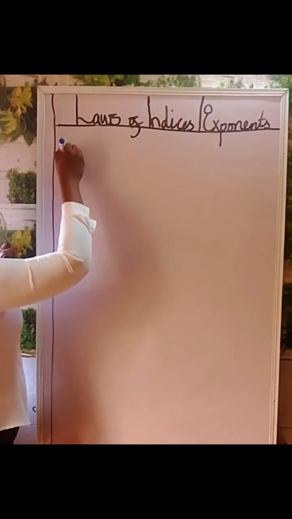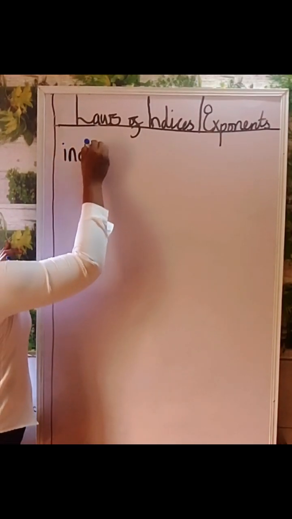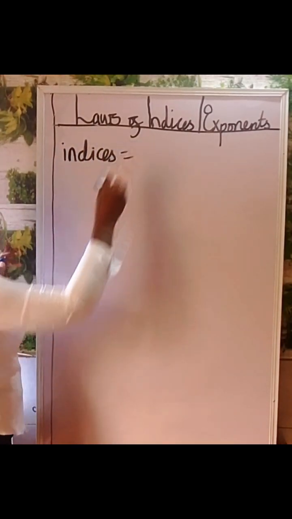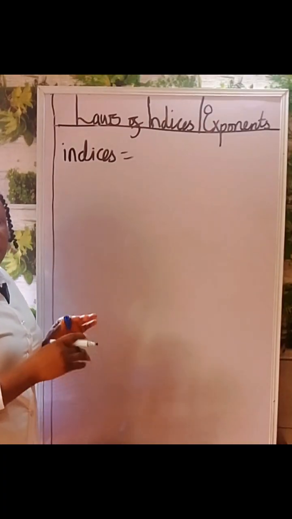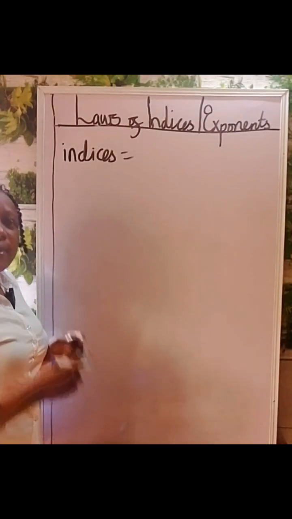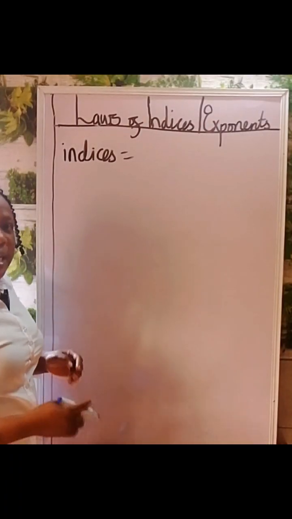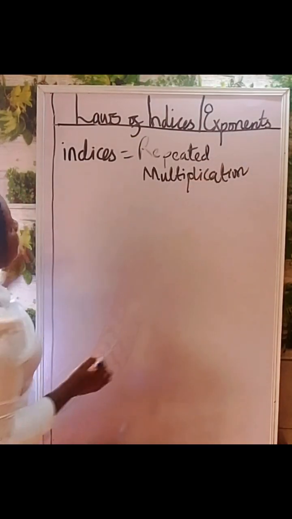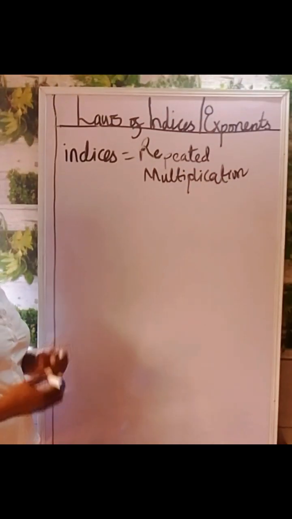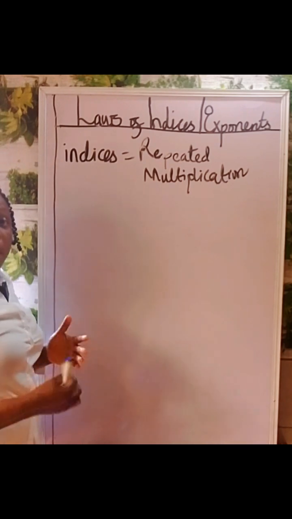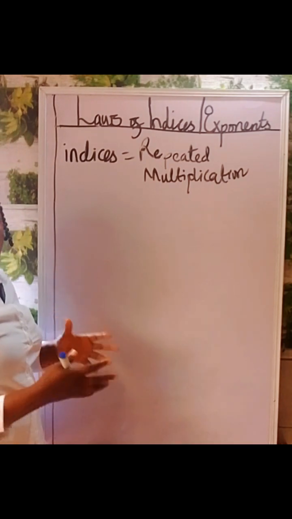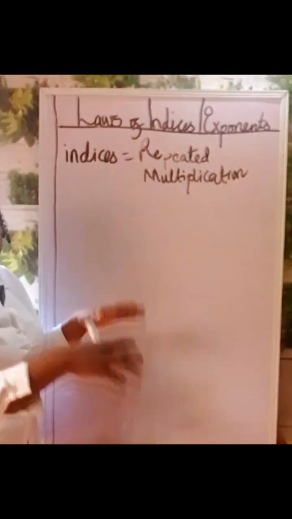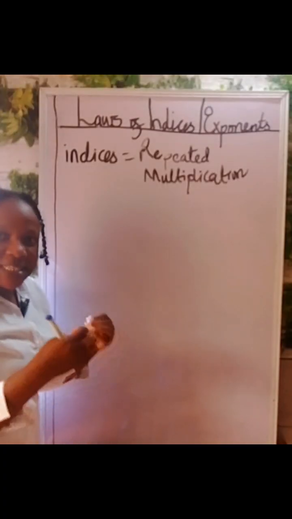Now, what is indices itself? Very simple. Indices is just repeated multiplication, when a multiplication is being compressed. So instead of writing the big numbers, we compress it.